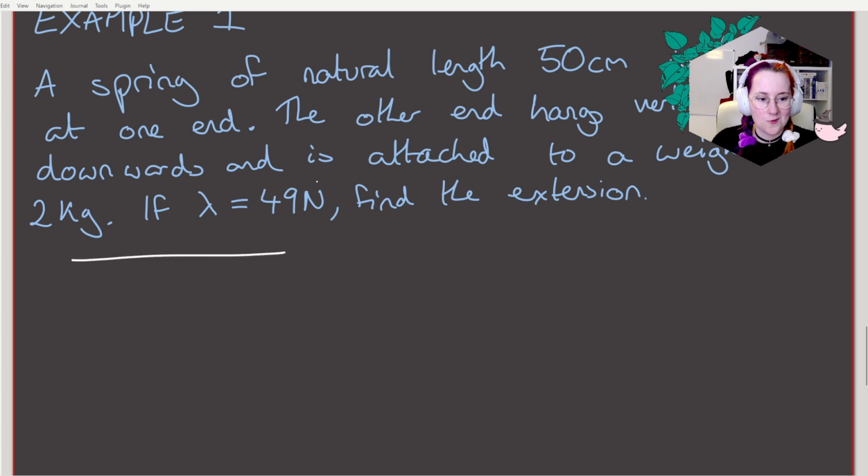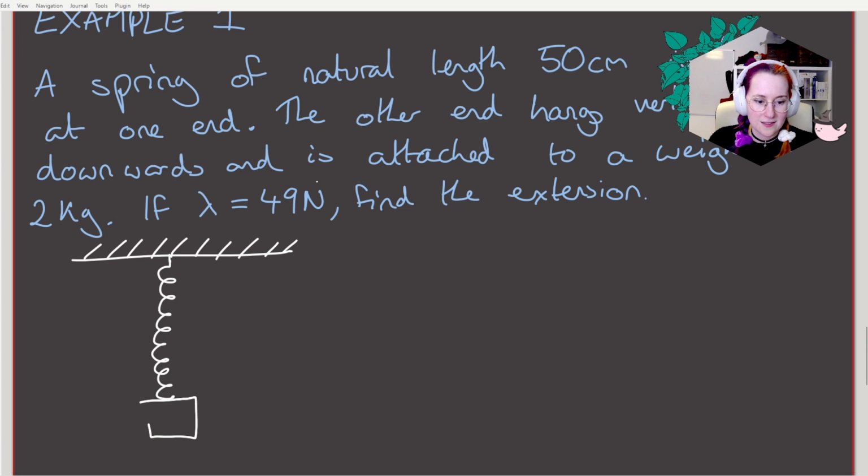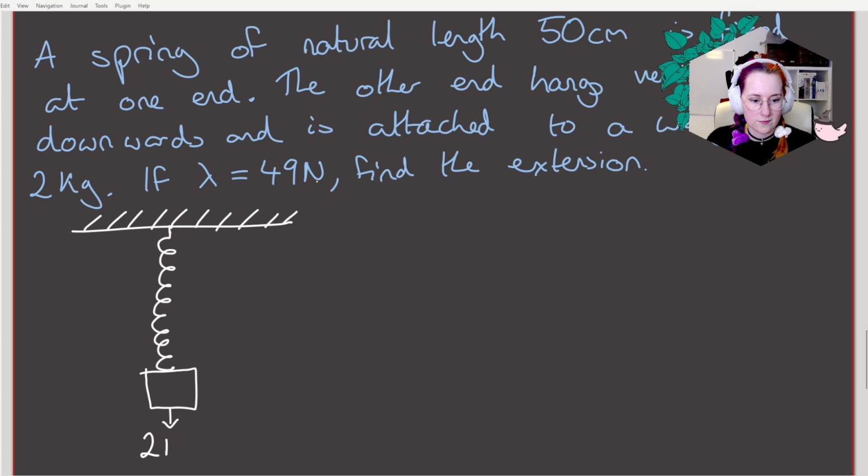So, what we're picturing here is you have a string fixed, so normally to a wall or something, at a point that is not moving. And then vertically down from that, you have a mass. There's a mass pulling it downwards, so gravity is acting downwards, and that means that tension is going to be acting up through the spring.